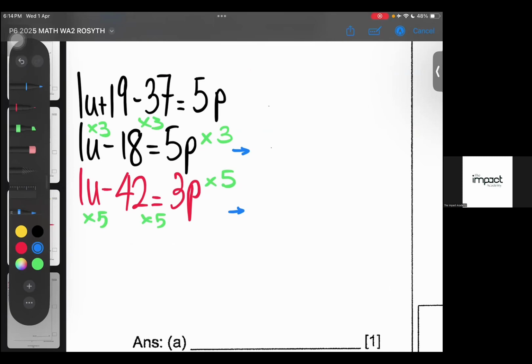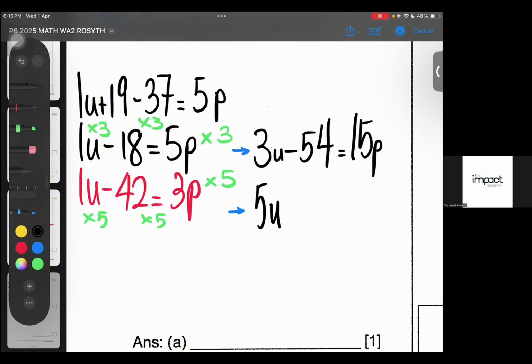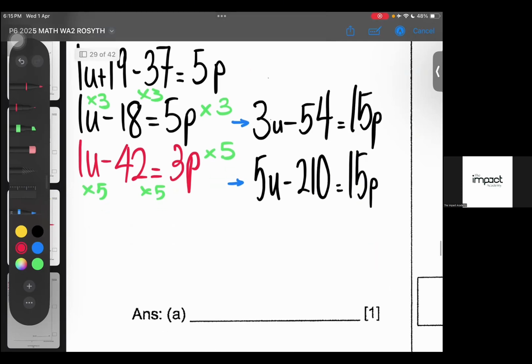Okay. So then this becomes 3 units minus 54 equals 15P. 5u minus 210 equals 15P. Is this something that you can understand? Parts and parts are the same, right? When parts and parts are the same, what do you have to do?